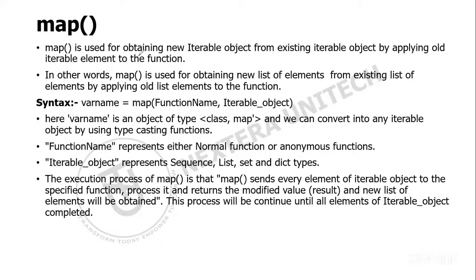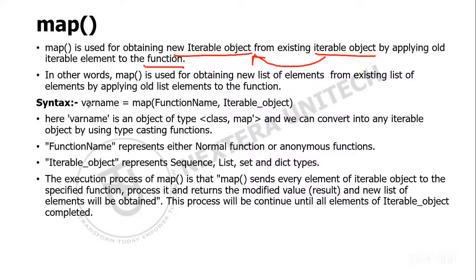So map is used to obtain a new iterable object. We can obtain a new iterable object from the existing iterable object. So there is already an existing iterable object. Using this, we are going to get a new iterable object. How? By applying the old iterable object to a function.